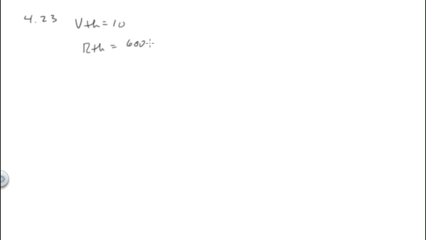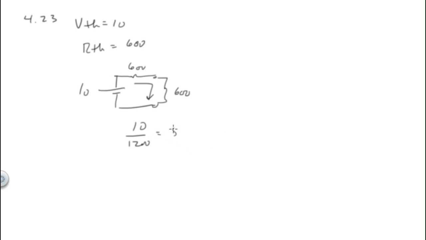Okay, in this case, we have a circuit that's already built for us. We've got a 10 over here, we've got a 600 up here. To get the maximum power out, you put a 600 across the output, and then you calculate the power. Basically it's 10 divided by 1200, or 8.33 milliamps.